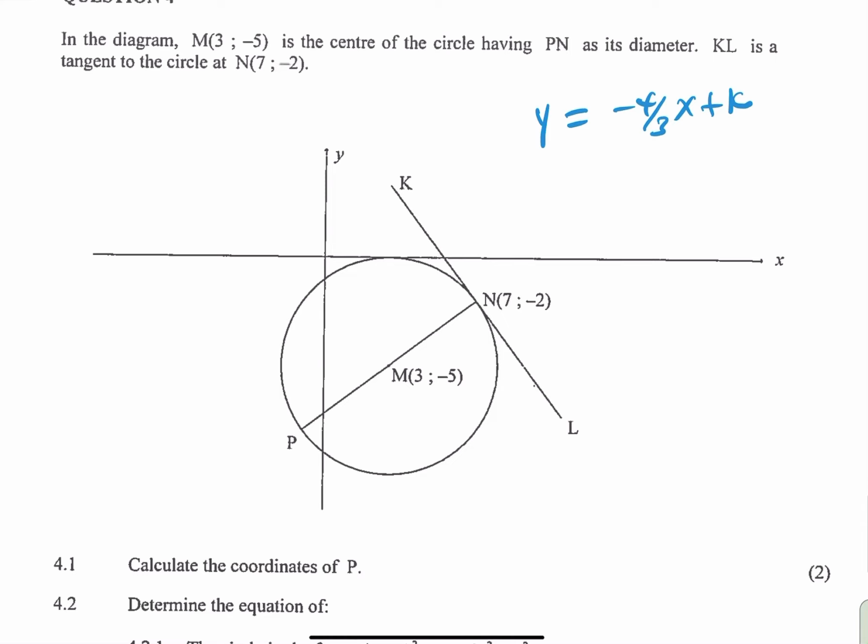Let me put the other line, primarily this line here. That is y = -4/3 x + 2/3. Think about it, guys. This line is going to have the y cut up there.